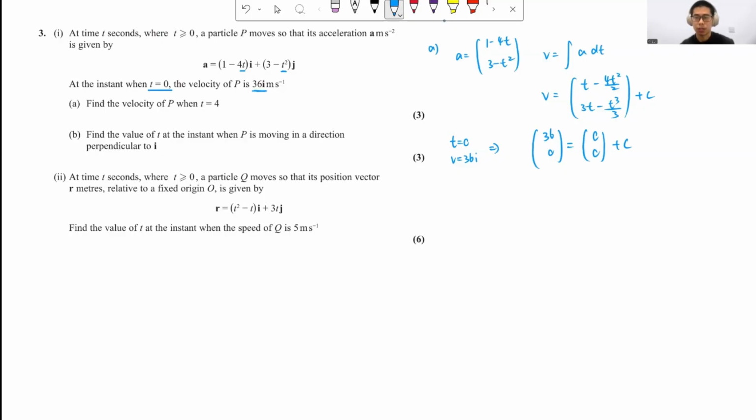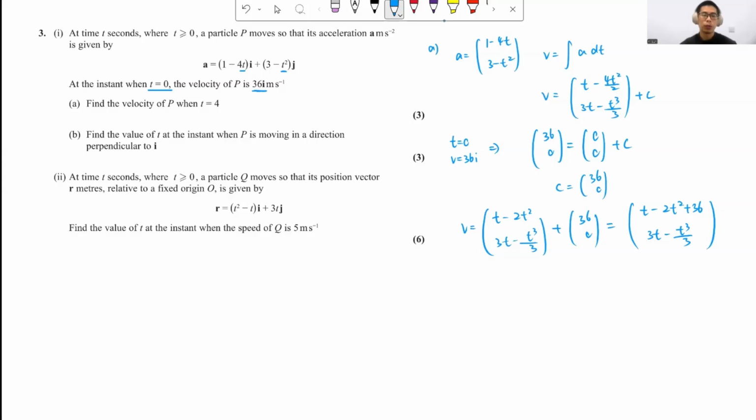So c is just equal to (36, 0). Therefore velocity is equal to (t − 2t², 3t − t³/3) plus c, which is (36, 0). The final expression would be (t − 2t² + 36, 3t − t³/3). That's our velocity.